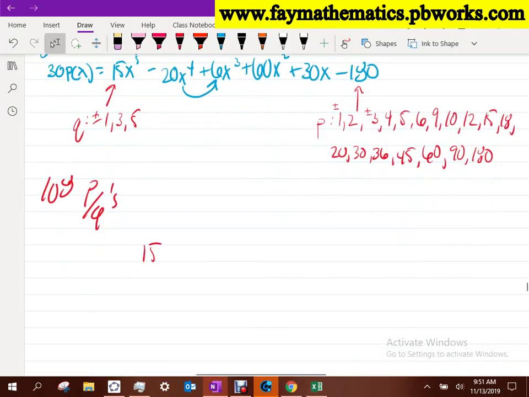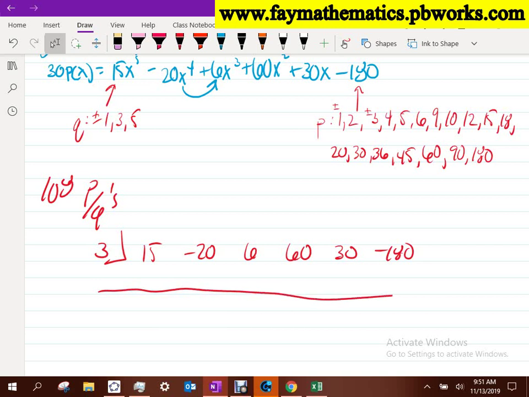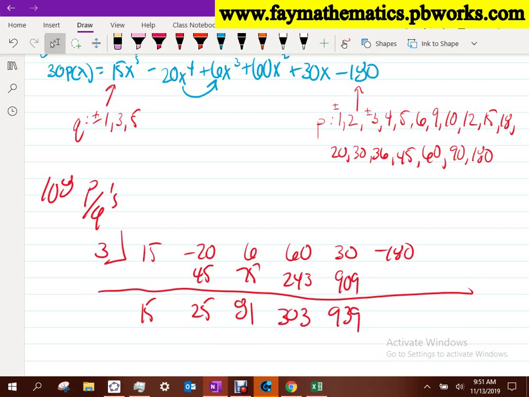If I go 15, negative 20, 6, 60, 30, negative 180, and I put 3 in my box. Bring my 15 down. Does that give me 45 here? Brings down 25, right? 75, 81, 243, gives me 303. 909, so 939, and then what?